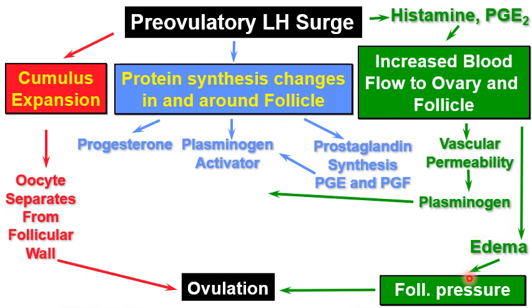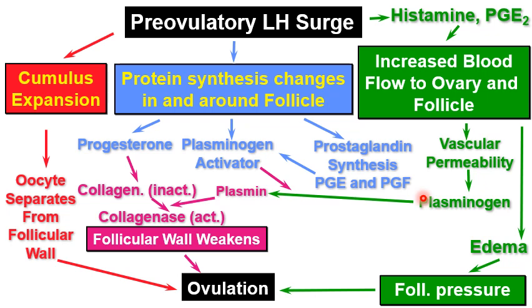The histamine and PGE2 will also lead to an increase in vascular permeability, and this will allow the production of plasminogen, which is the inactive form of plasmin. The plasminogen will be converted to its active form, plasmin, by the presence of the plasminogen activator. Plasmin is of course a protease that is important in ovulation.